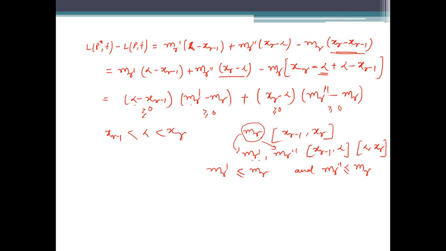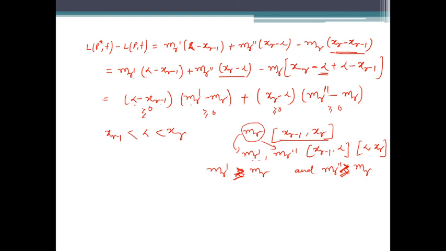Sorry, this is the infimum, so it will be greater than or equal to 0, because this is the infimum value in the subinterval x r minus 1 to x r, and these are two subsets of this set.